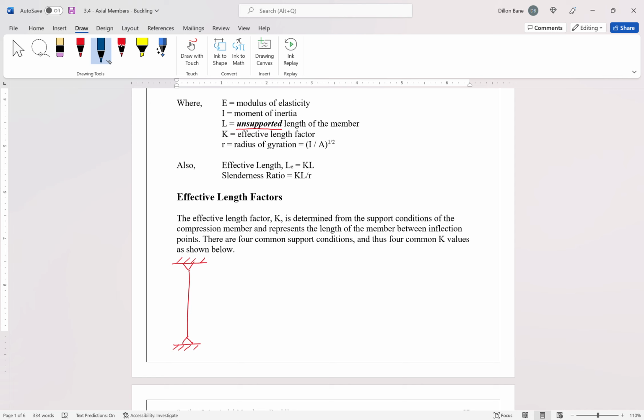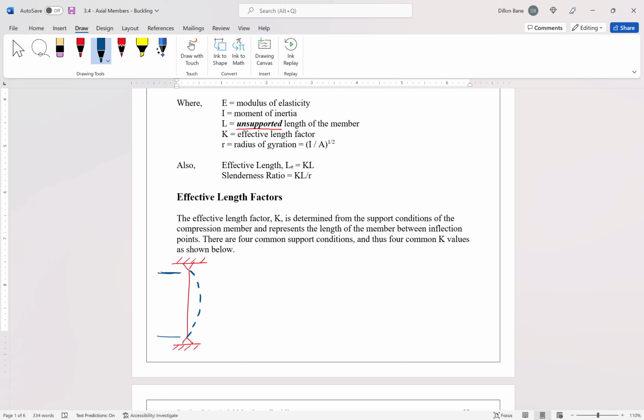The buckled shape of a pin column will just make that column bow out, where we're going to draw the effective length. The effective length is the length of the column between inflection points.